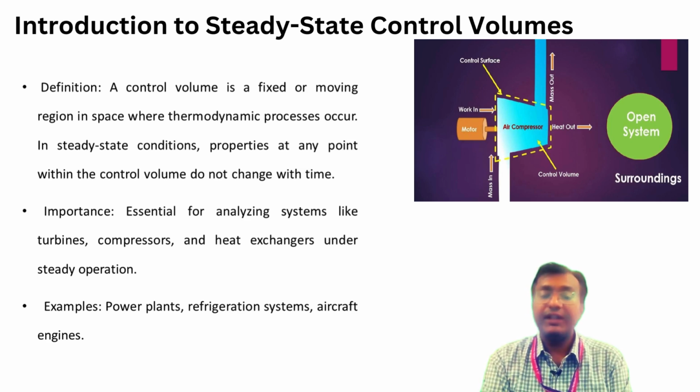Without steady state assumptions, modeling such a system would be very complex. Therefore, in this study, we are going to break down the principles of mass and energy conservation, solve certain numerical problems, and explore real-world applications. So let's start.